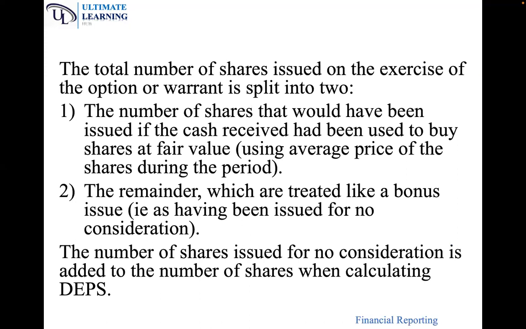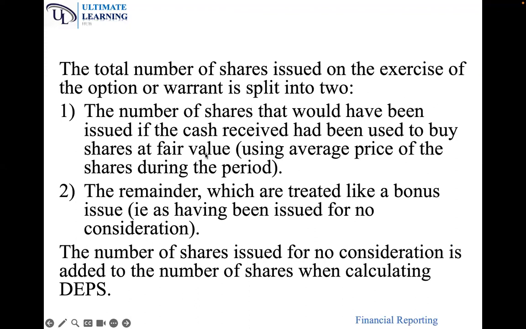So the total number of shares issued on the exercise of the option or warrant is split into two, and this is very important. Number one, the number of shares that would have been issued if the cash received had been used to buy shares at fair value.